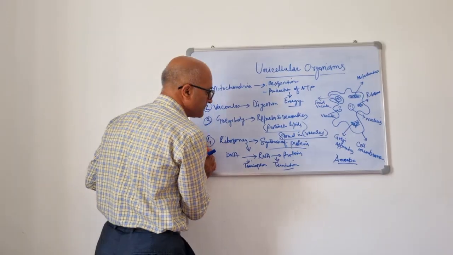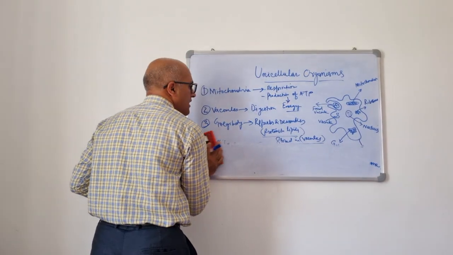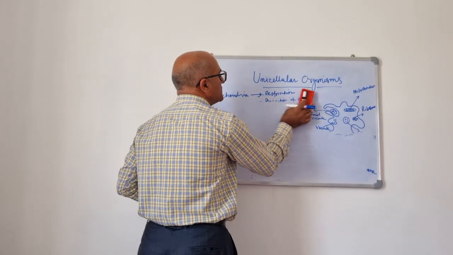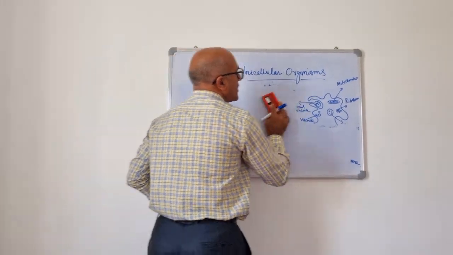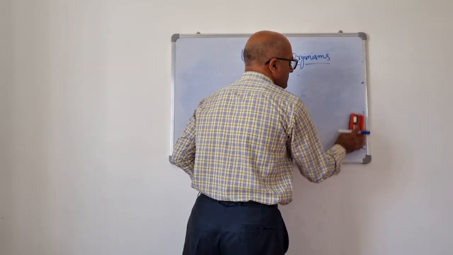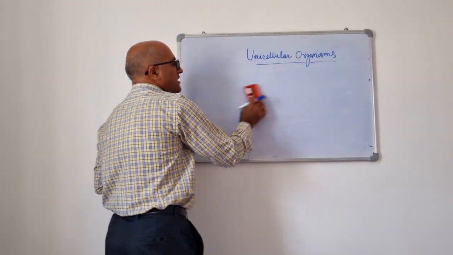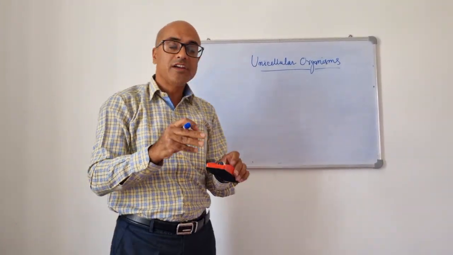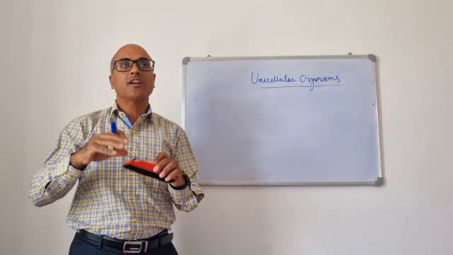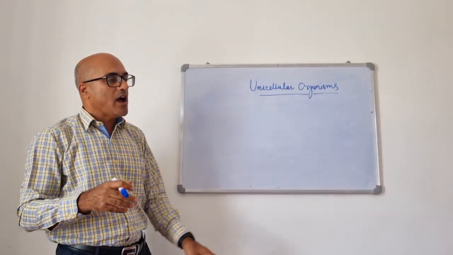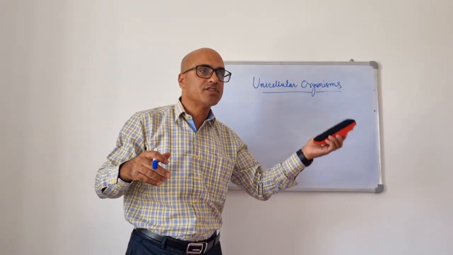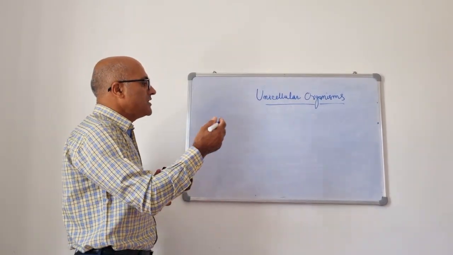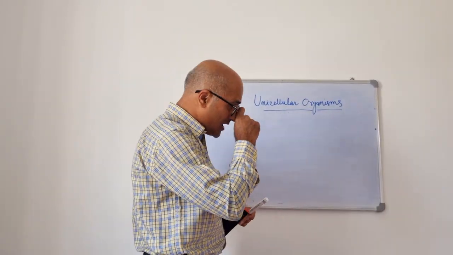I'll erase it, and I'll give you more information about it. So here we have understood a unicellular organism, which has different structures or organelles inside the cell, which perform different biological functions or activities for sustaining the life of the cell.